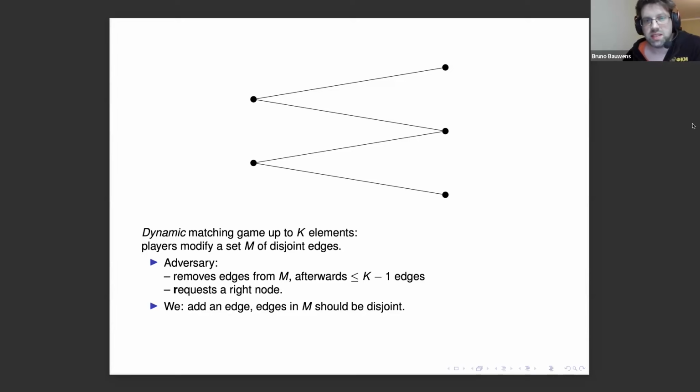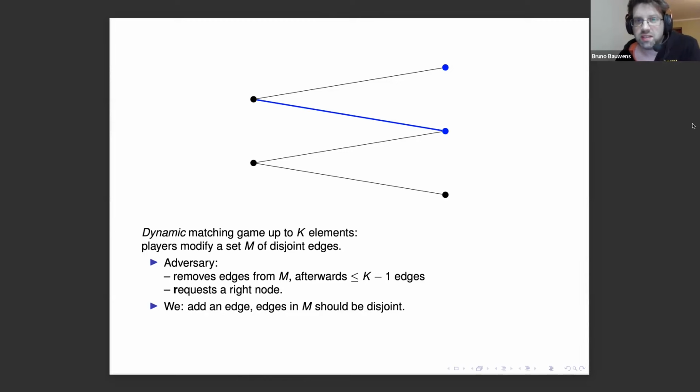Here is an example. Let us first see that this graph does not have dynamic matching up to 2 elements. The opponent selects the node in the middle, and then we can select any edge. Then the opponent selects the top node, and we cannot add an edge because the edges have a common endpoint at the left.